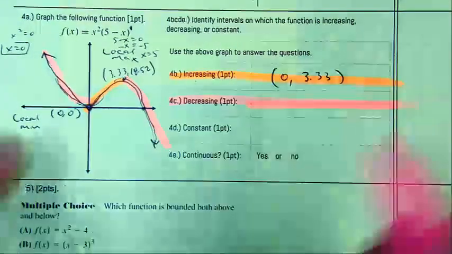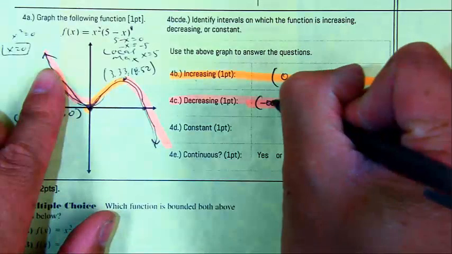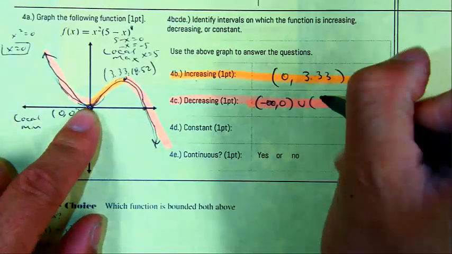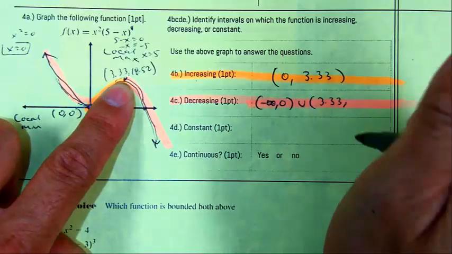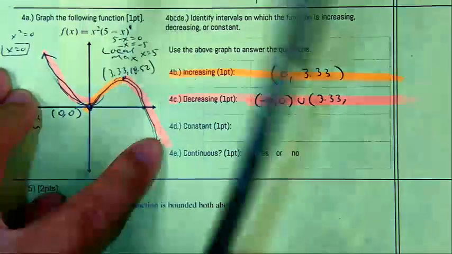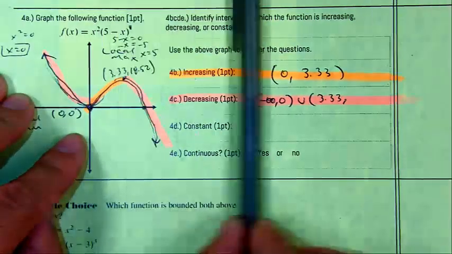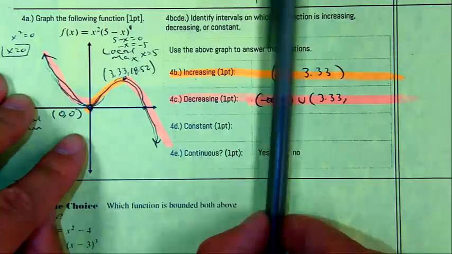So in pink there, from negative infinity to 0, again you're looking at the x values, union with 3.33 to, remember this is not negative infinity, that's just saying the values are going to keep going on the x's, so lots of big numbers on the x's, that's positive infinity.